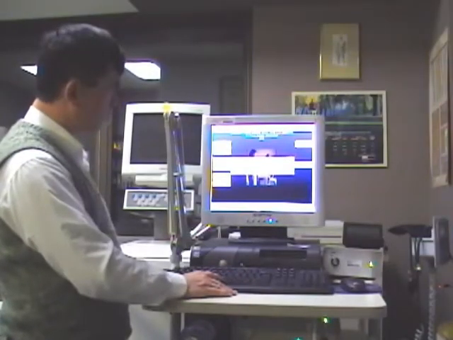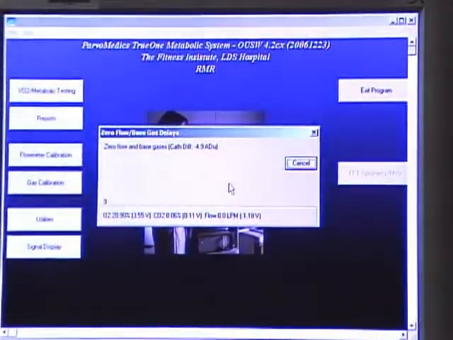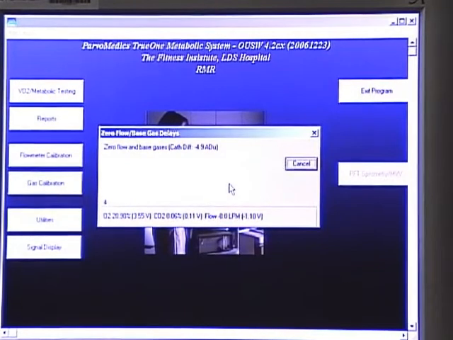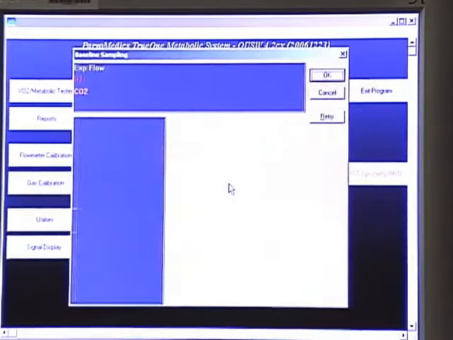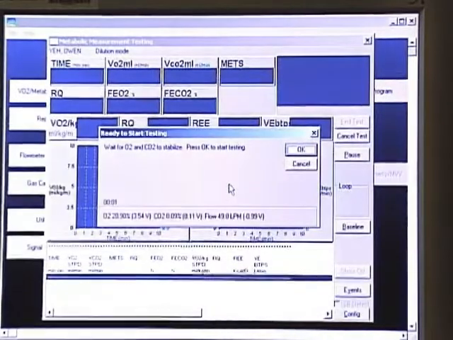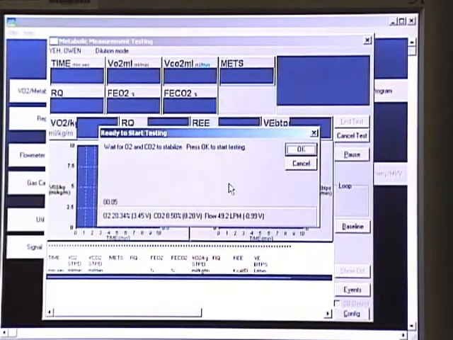So here we press the space bar to continue, and we are going to sample the baseline. Now we are in the ready to start testing window.